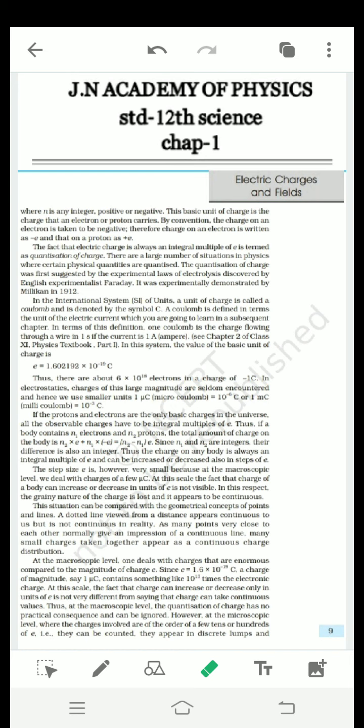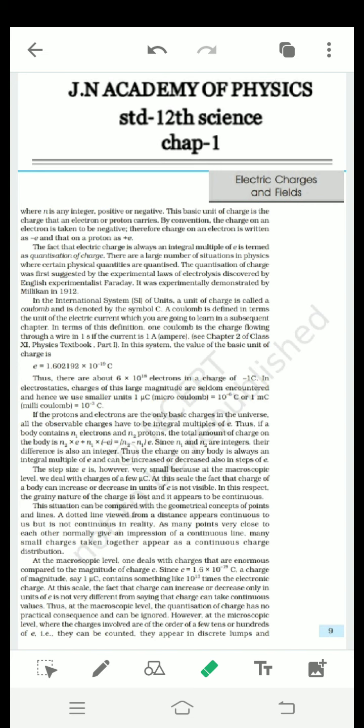This basic unit of charge is the charge that an electron or proton carries. By convention, the charge on an electron is taken to be negative. Therefore the charge on an electron is written as minus e, and that on a proton it is plus e.